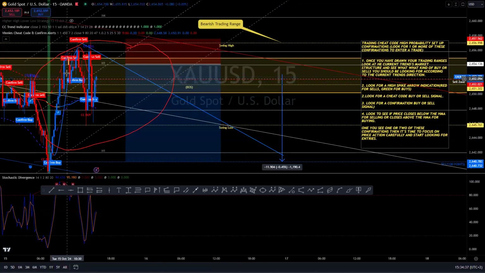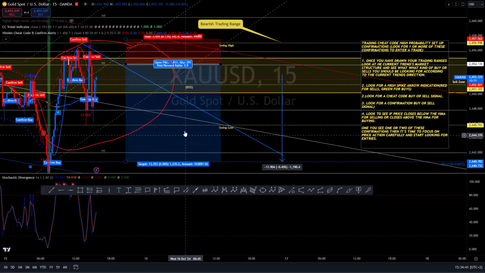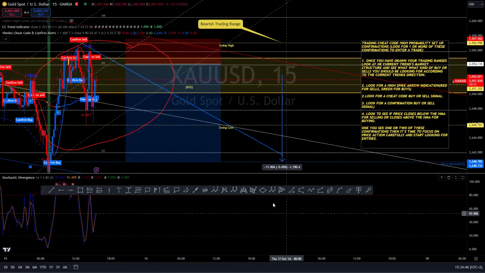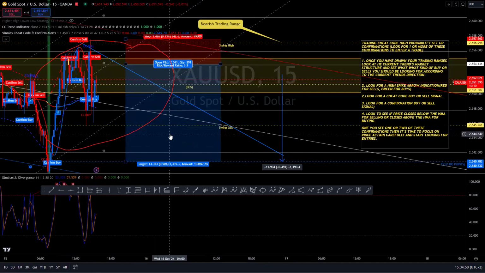Buying up to this structure, it might come down from this structure. I think I was taking a sell without really putting extra confirmation. It's my fault, but at least I managed my risk and kept below 2%.